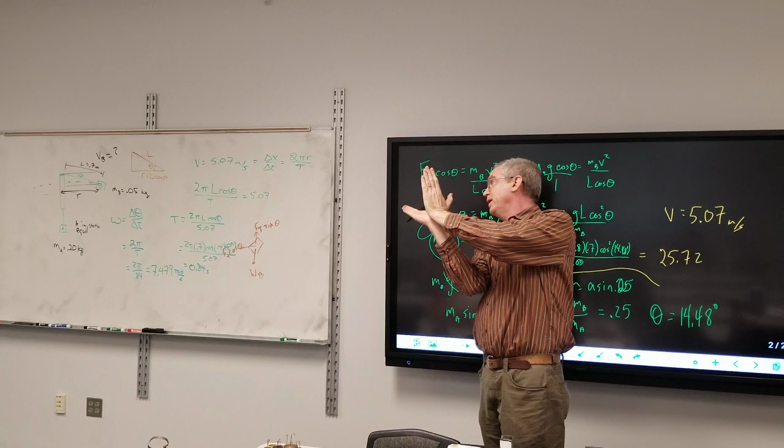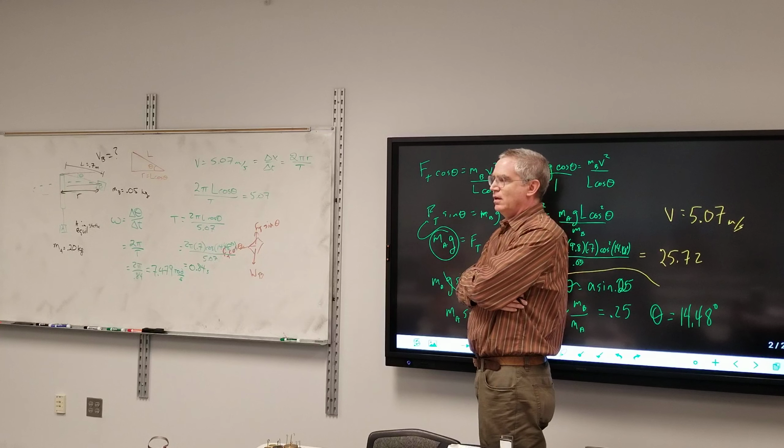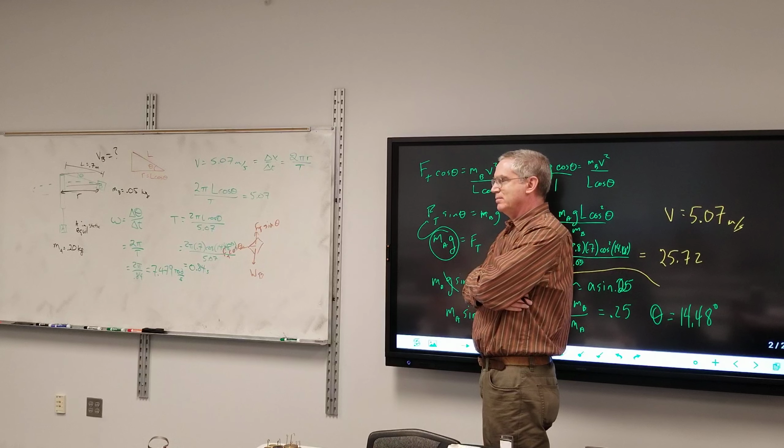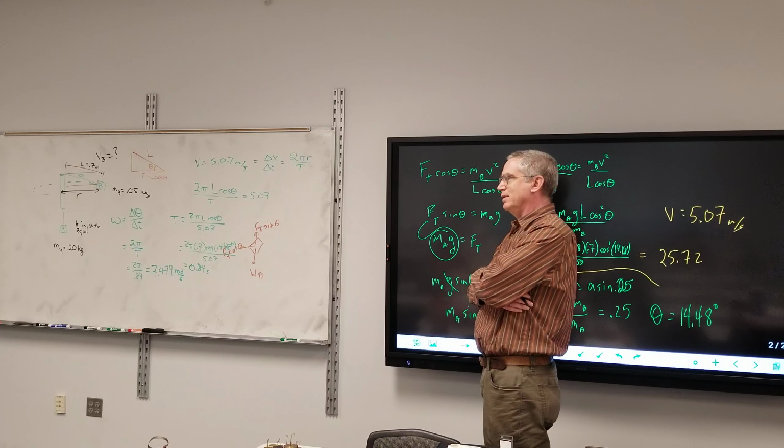So it does more than 7 of those in a second. But it doesn't tell us how fast it's going, it's just how many it clears in 1 second. If you cut the string, it's not telling us what that linear speed is.